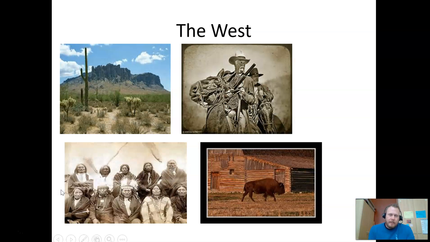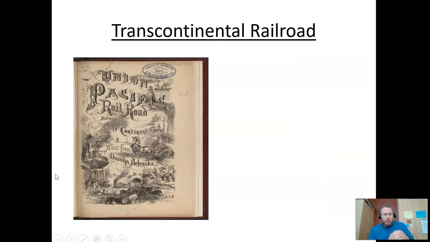All right, so the West, and this is where the United States expands to the West. One of the things that really precipitates this expansion very quickly, a catalyst for expansion in the West, is the Transcontinental Railroad. We've talked about this before. We talked about how difficult it is to move anything from the east to the west across the United States in a timely manner, because of just how large the nation is.